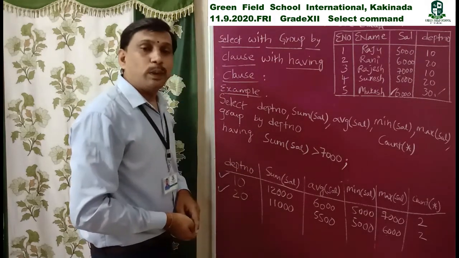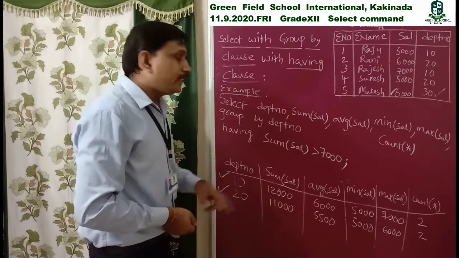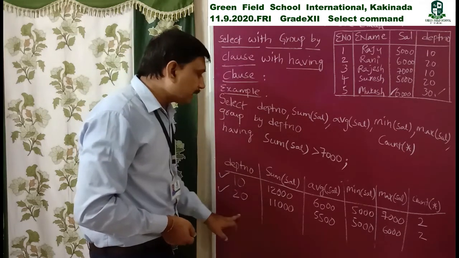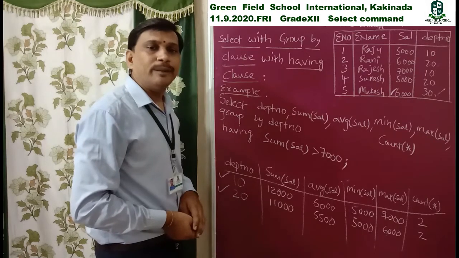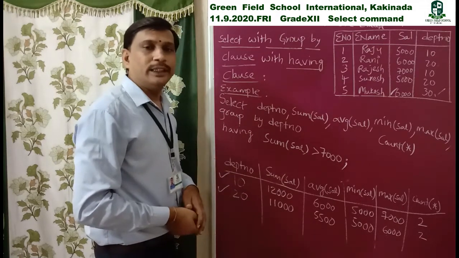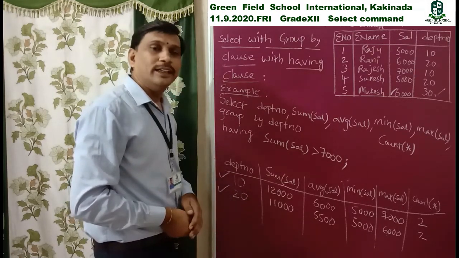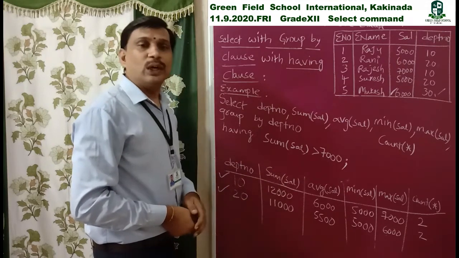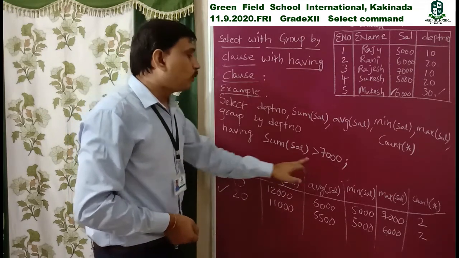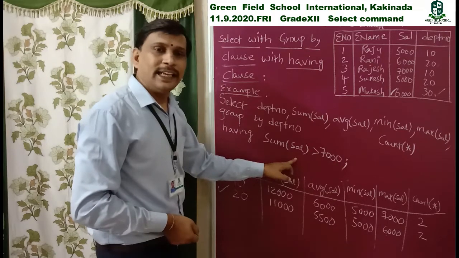Why is department number 30 not displayed? Here department number 30 has a sum of salary less than 7,000, equal to 6,000. That's why I am writing only above 7,000, greater than 7,000.